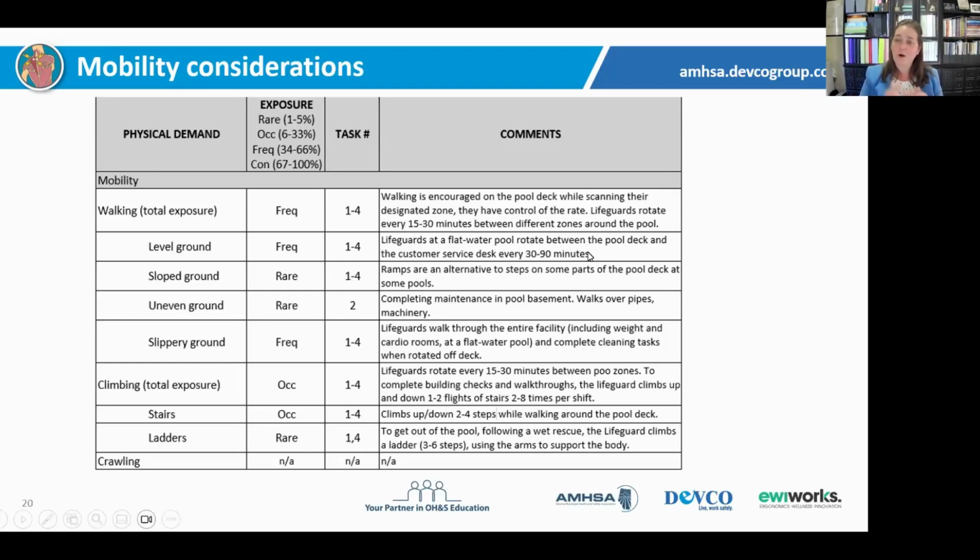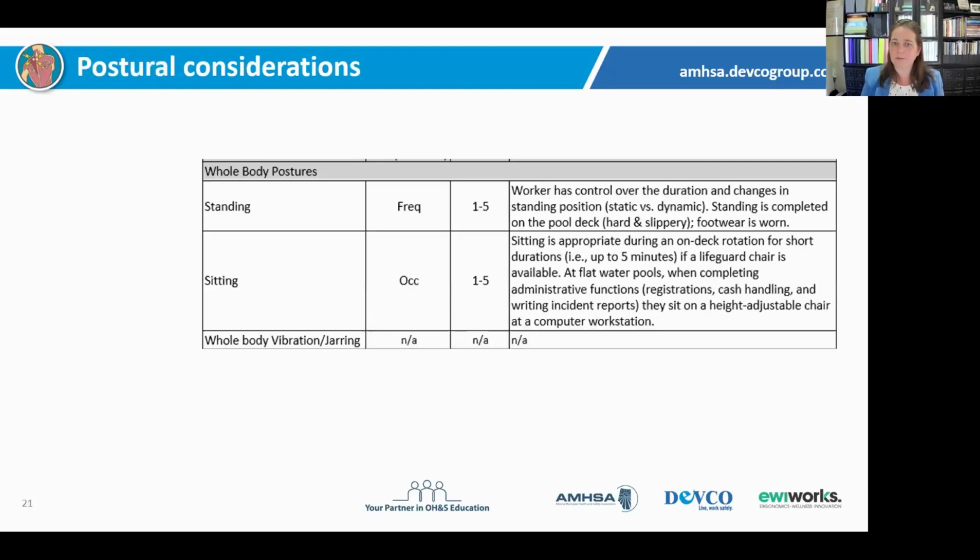So trying to find out, what kind of walking is required, what kind of climbing is required, if crawling or kneeling specifically is required. Being able to find that quickly in a job demand assessment report is helpful. And then finding out which tasks it's relevant for. And if you've got a template that allows for comments, those comments might help claims management quite a bit in determining whether a claim can be accepted or denied, or whether modifications can be made to keep that employee at work.